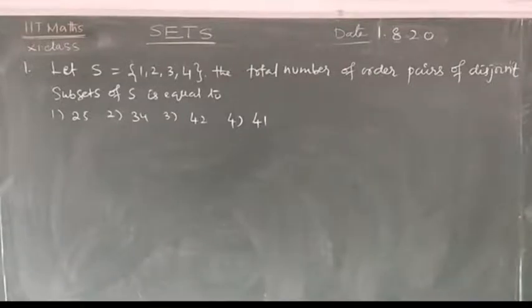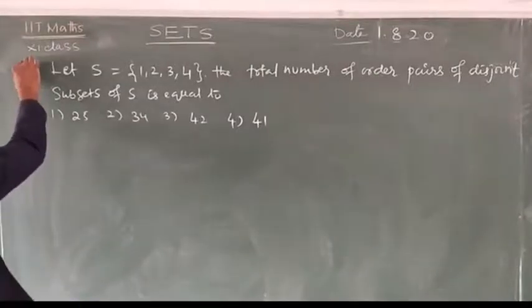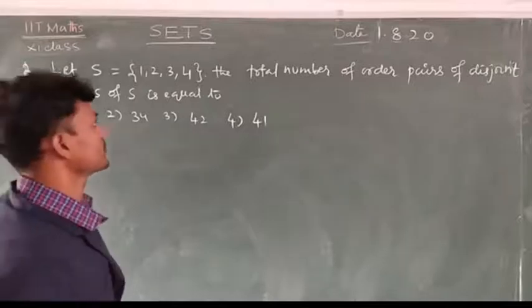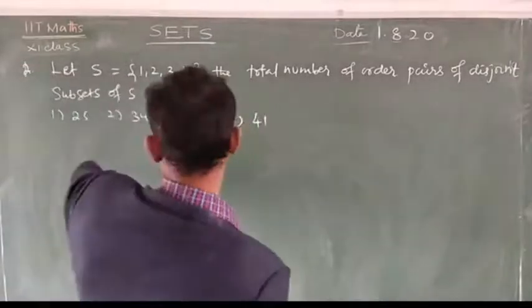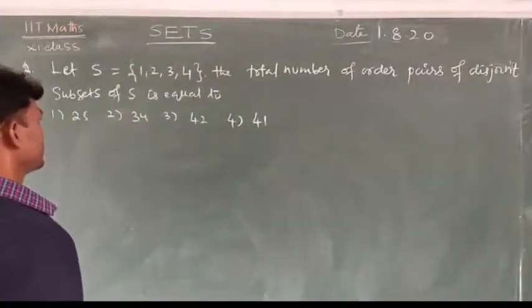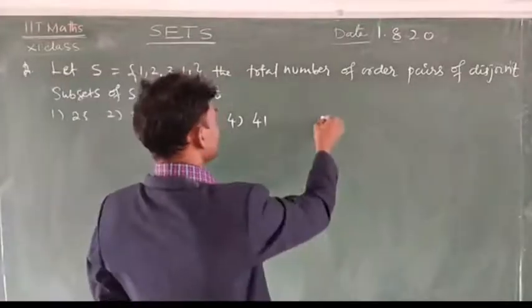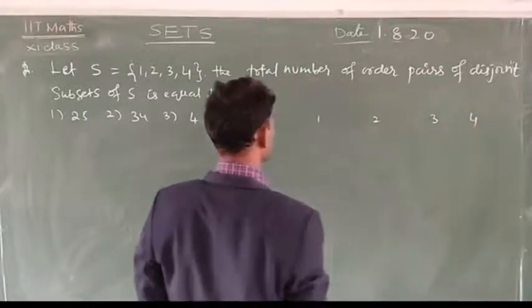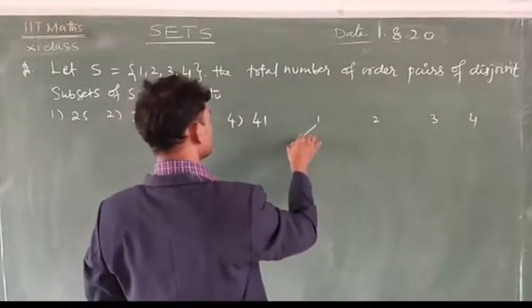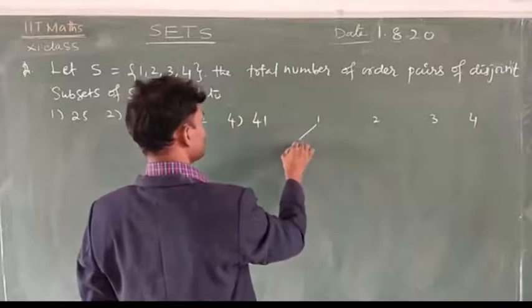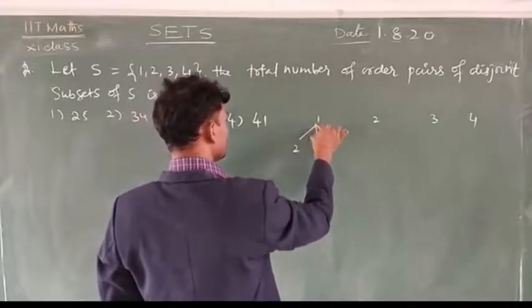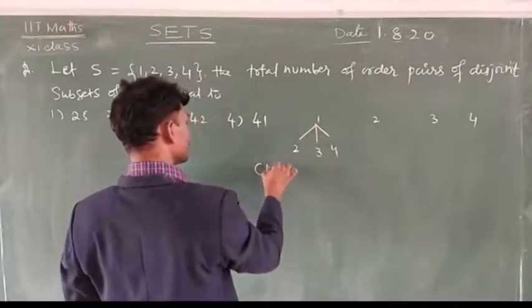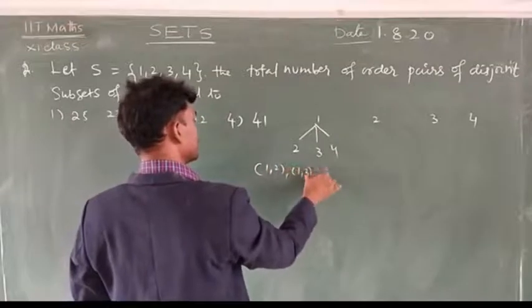Okay, second problem. Let S be the set {1, 2, 3, 4}. The total number of ordered pairs of disjoint sets of S is equal to? See here, S has the elements 1, 2, 3 and 4, four elements, and this is three disjoint sets. That means here 1, 2 and 1, 3 and 1, 4.